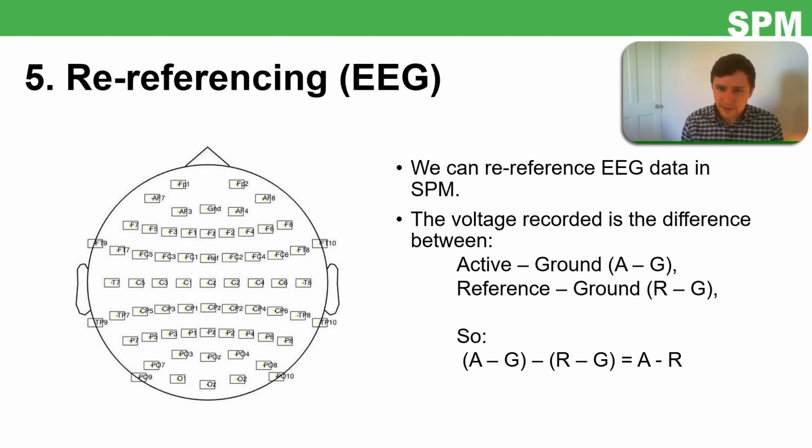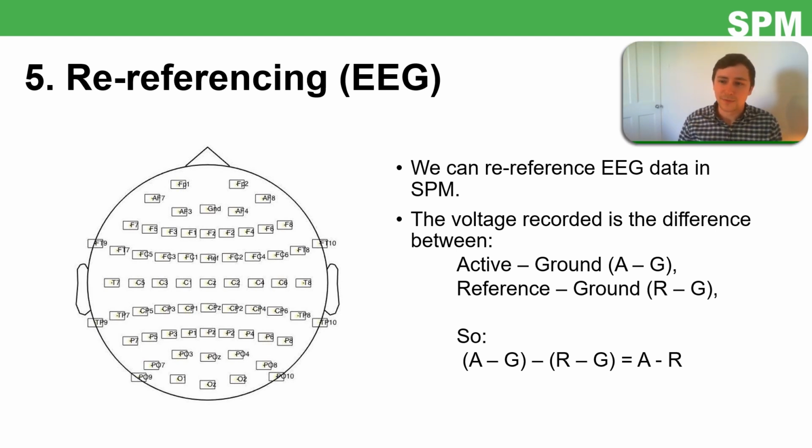These will take two referential signals. So instead of doing the active with reference to the reference, you do the active with reference to a ground, and we call it the ground. It's kind of a virtual ground, a little bit odd. Anyway, that's just another position on the scalp.